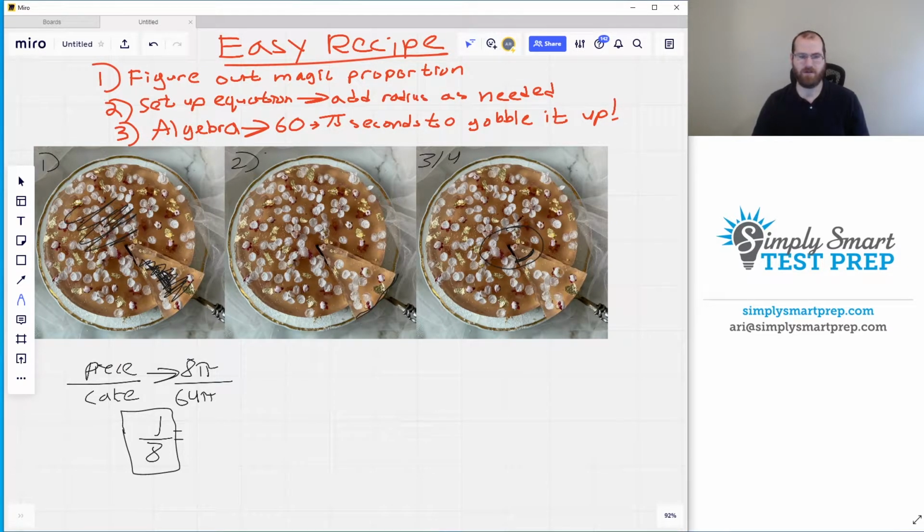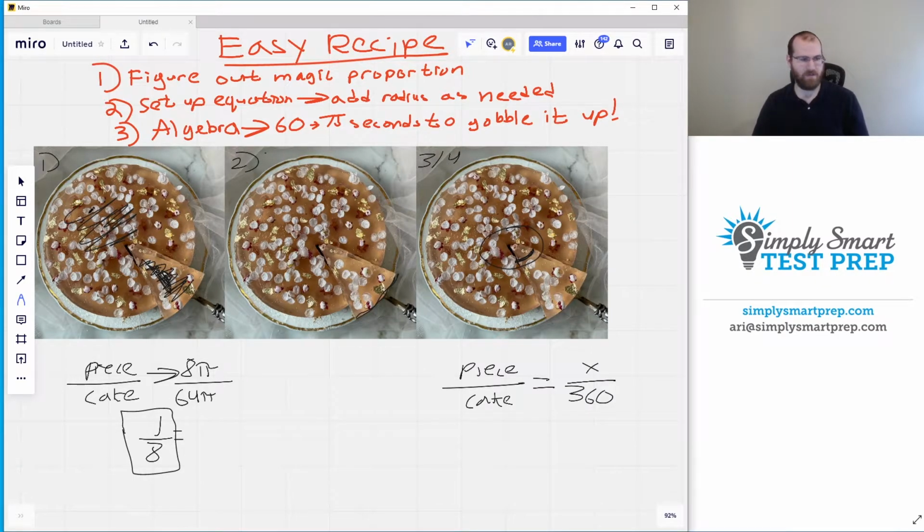Let's skip to 3 and 4 for a second. I'm going to set up the proportion first. Piece over cake for, let's say, degrees. Well, I know that for the entire cake, there are 360 degrees. And for piece, well, I don't know because I'm not given information. I'm going to call that x. Well, I know that these three are the same cake.